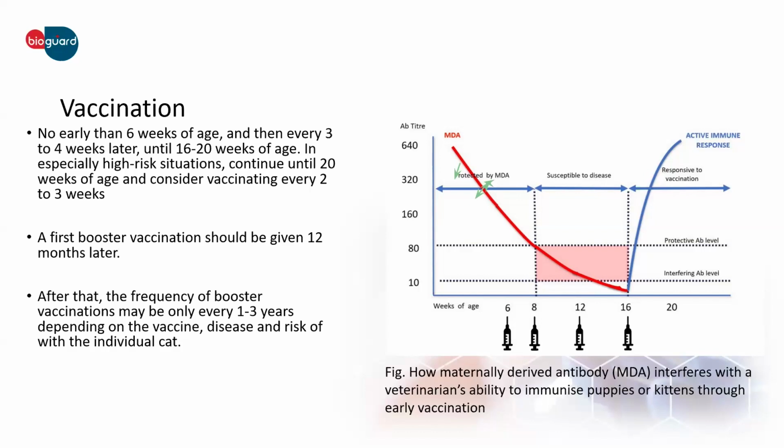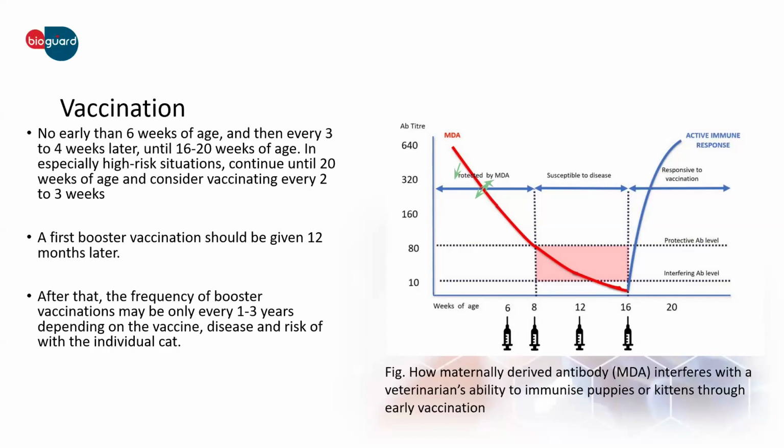And for those high-risk situations, this vaccination can continue until 20 weeks of age, and consider vaccinating every 2 to 3 weeks. After this, the first booster vaccination should be given 1 year later.